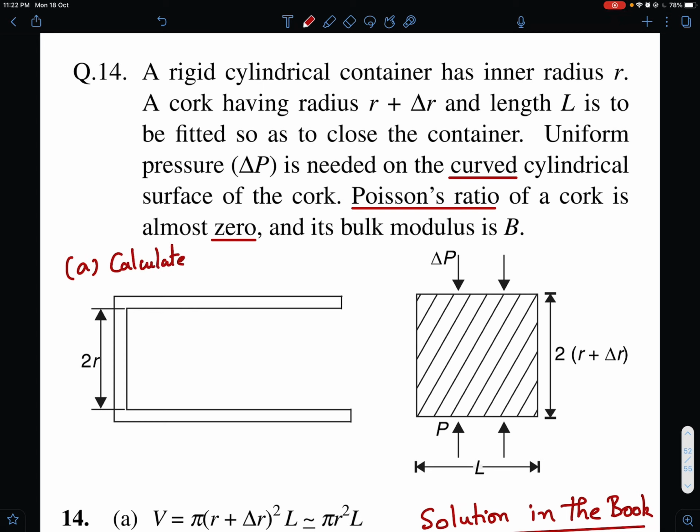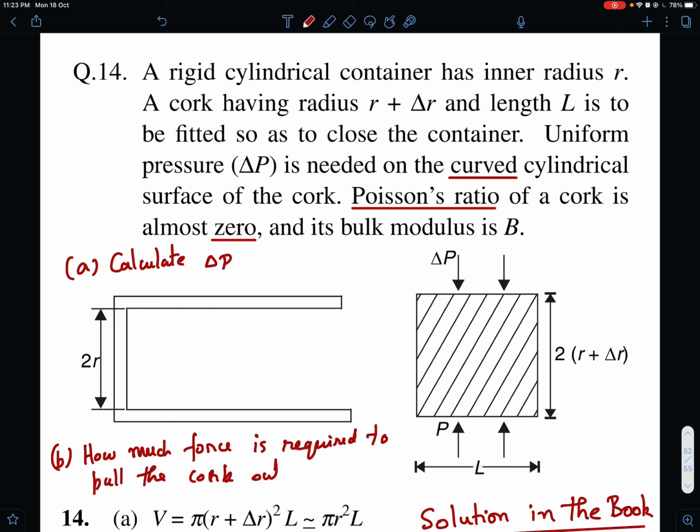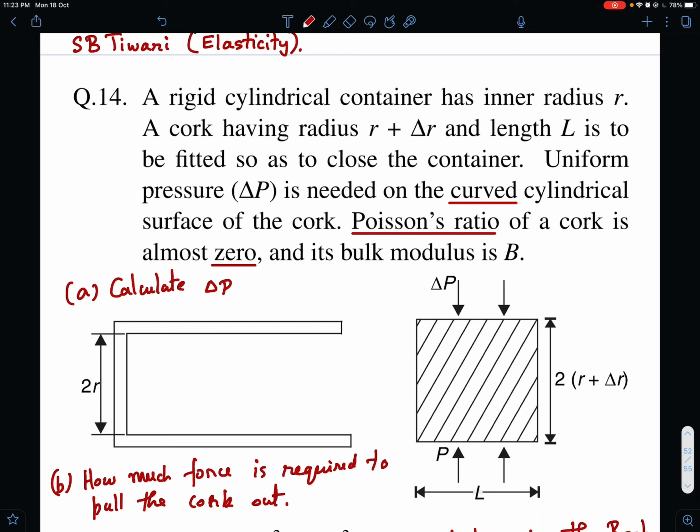Part A is calculate delta P, and then another part is: how much force is required to pull the cork out? I should have copied the question completely, but anyway, these are the two parts.